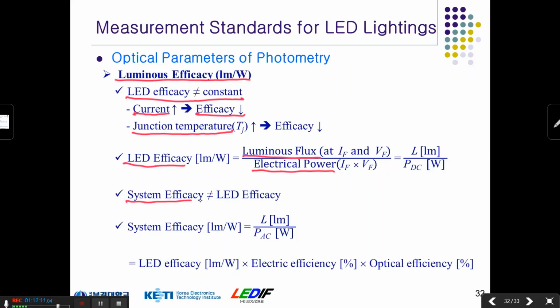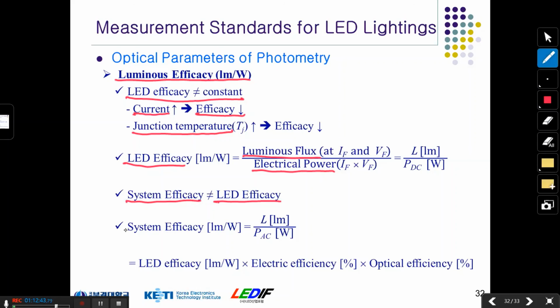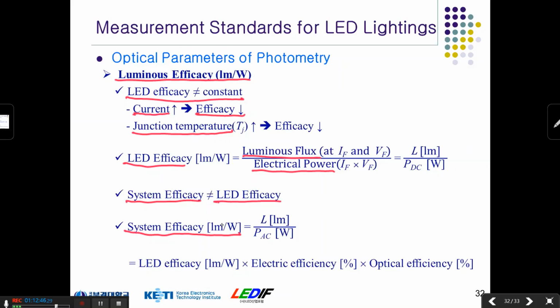And system efficacy is not the same as LED efficacy. System efficacy in lumen per watt is determined by LED efficacy times electrical efficiency in percent times optical efficiency in percent.